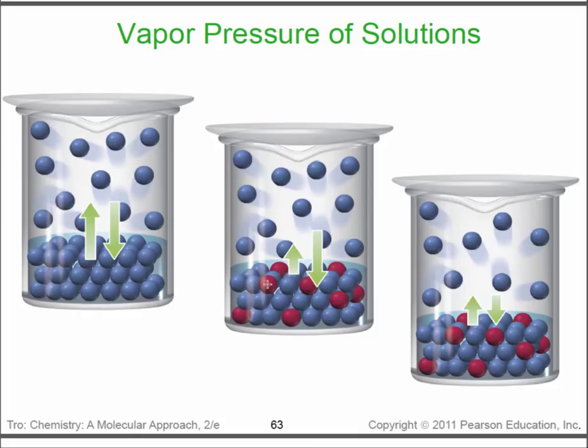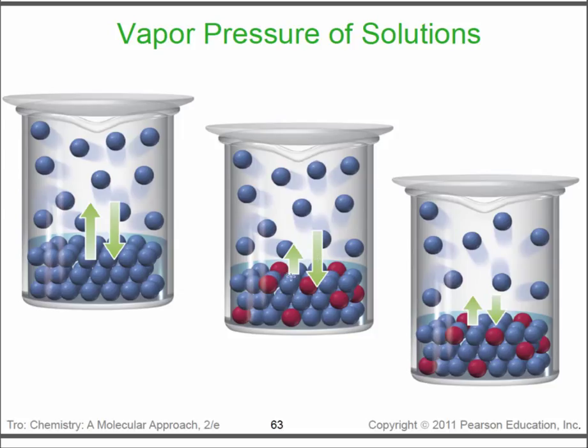But if I put something into the water, like sugar or any other molecule actually, we say that at least at the surface where the interaction happens between the gas and the liquid phase, the solute particles actually occlude or interfere with or get in the way of that evaporation. So you'll notice this arrow has been decreased, whereas this arrow is the same size.